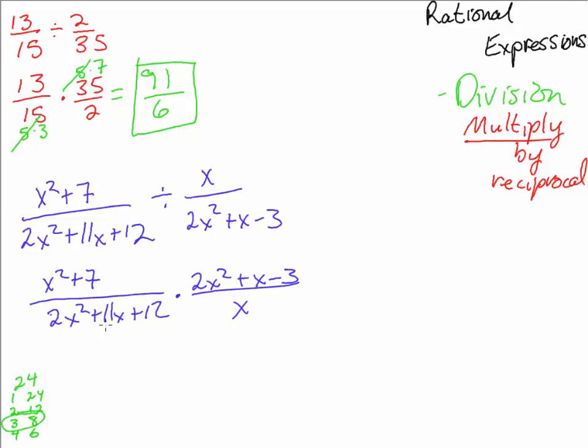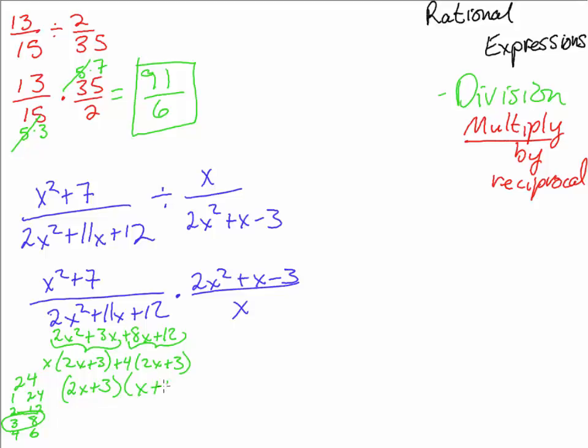So 3 and 8, this is 2x squared plus 3x plus 8x plus 12. Out of this half, I can pull an x and get a 2x plus a 3. And out of this guy, I can take a 4, gives me a 2x plus a 3. And I get 2x plus 3 times x plus 4. Whew. That's what this bottom guy is.